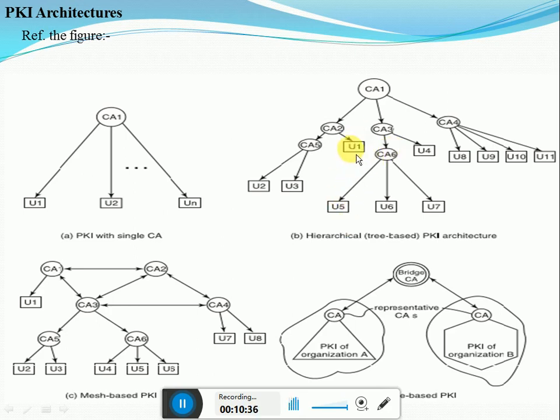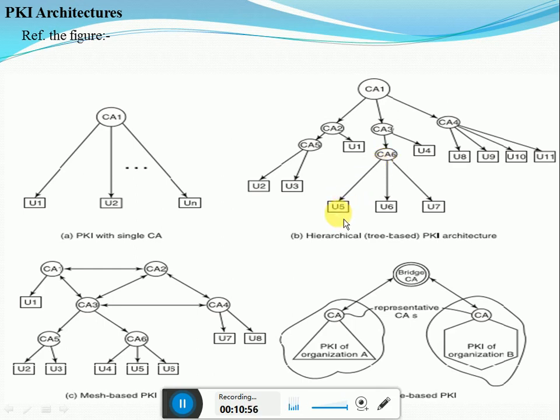So to make these two people communicate in a secured fashion and to provide a means for U1 to verify the certificate of U5 that is issued by CA6, we need some chain of certificates for that purpose.